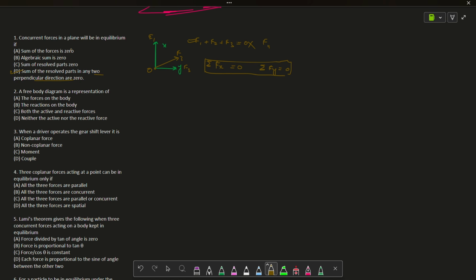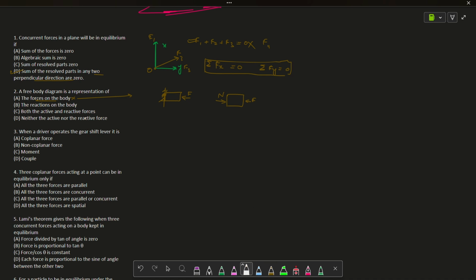Now the second question is pretty easy. What is the representation of a free body diagram? It is not a representation of only a force. For example, a box is kept against a wall, and if you apply a force here, the free body diagram of this body should have a normal reaction as well as the applied force.